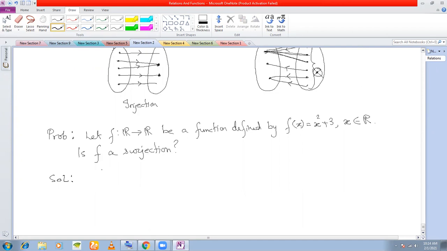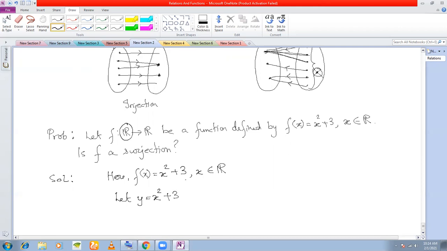I start by saying, first we'll identify the domain set. Which one is the domain set? This one. So here, f(x) is equal to x square plus 3. x belongs to the domain set R. Okay. Now, when you are showing surjection, this is the technique that you must follow. You say let y is equal to x square plus 3. This rule is only to show surjection.